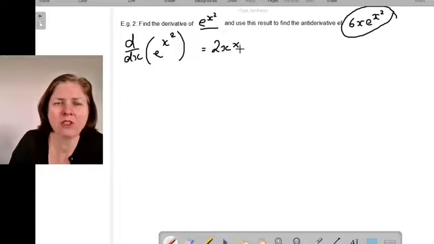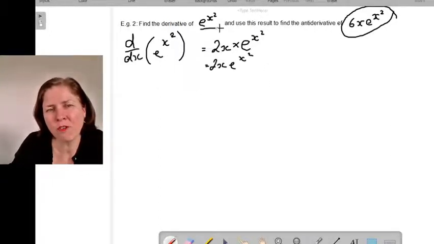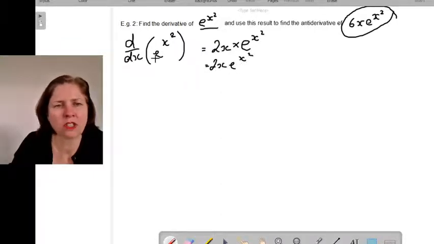And then, if I remember, this is like e to the u, and the derivative of e to the u is just e to the u, but u is x squared. So let's write it properly: 2x e to the x squared. So what I've found is that if I differentiate e to the power of x squared, I get 2x times e to the power of x squared.